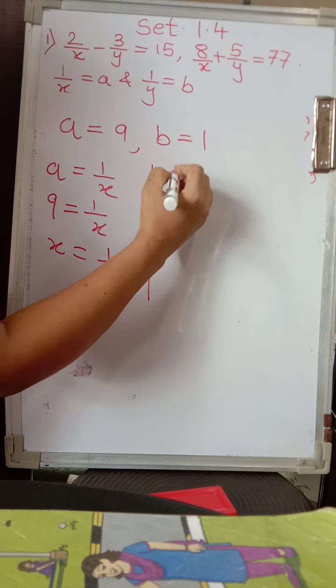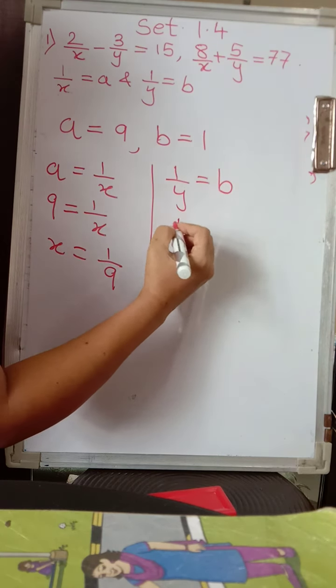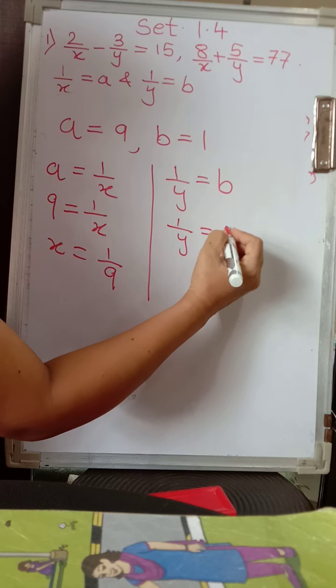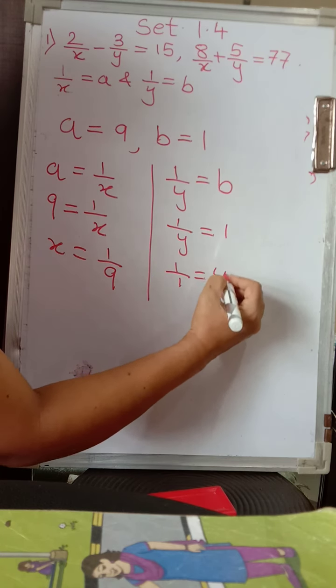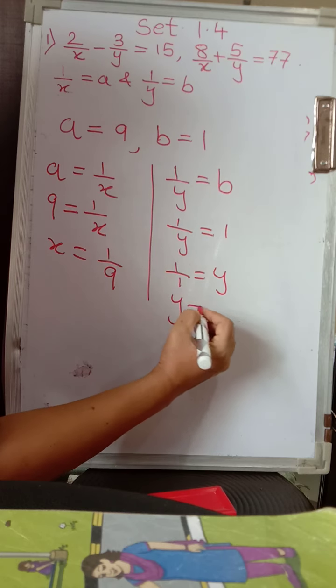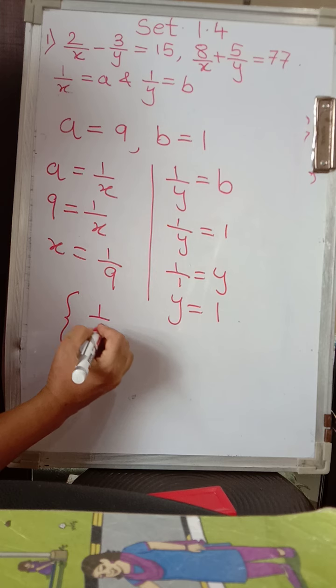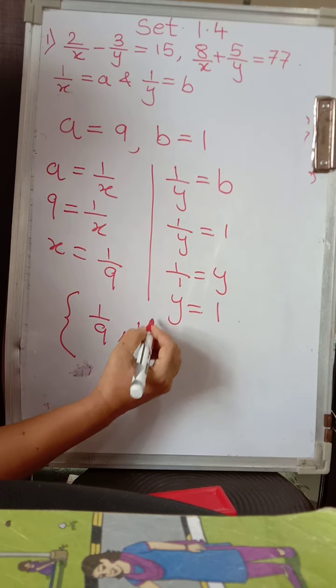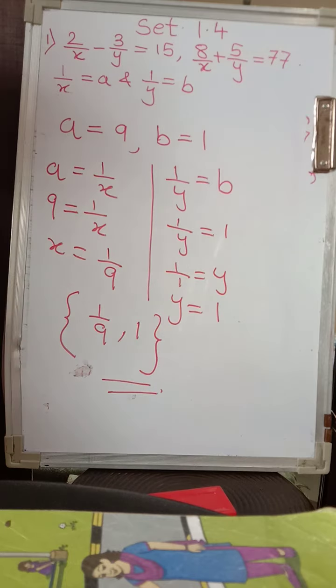Similarly, what is b? 1 upon y is equal to b. So I have 1 upon y is equal to 1. So y will be 1 upon 1, and therefore y will be equal to 1. So what is your answer? 1 upon 9 and 1. So this is the solution of the equation.